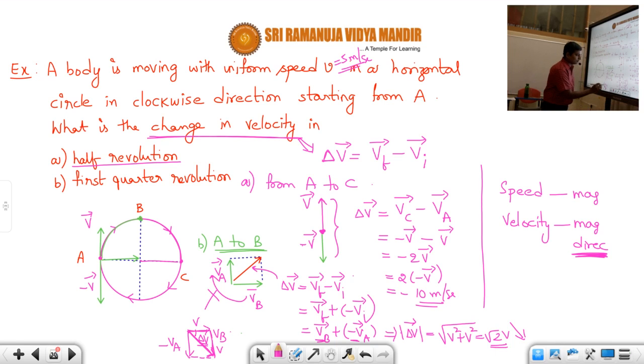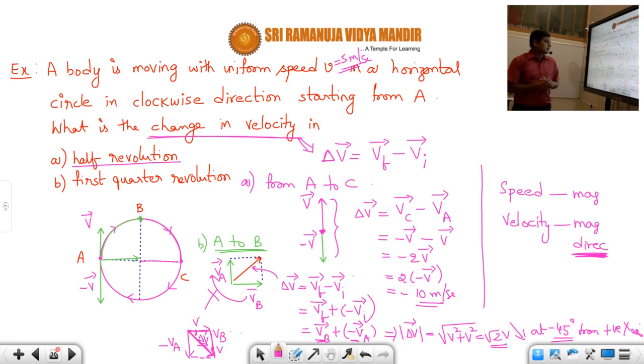Of course you can calculate the angle also, students. The angle will be exactly 45 degrees, or you can say minus 45 degrees from the positive x-axis.